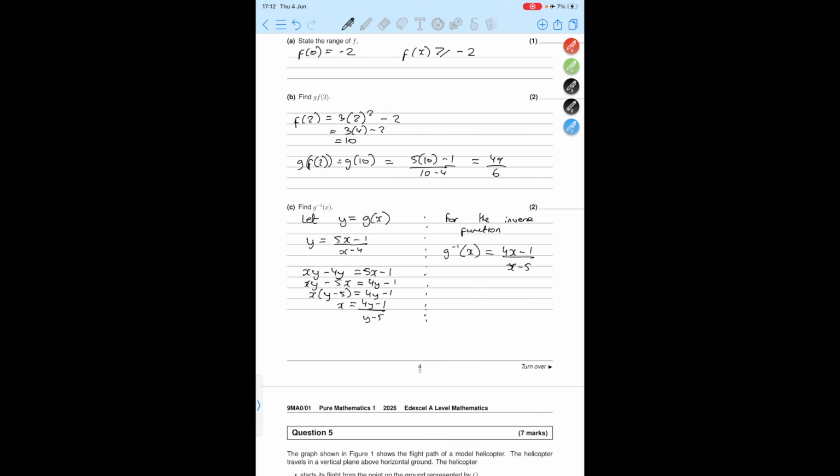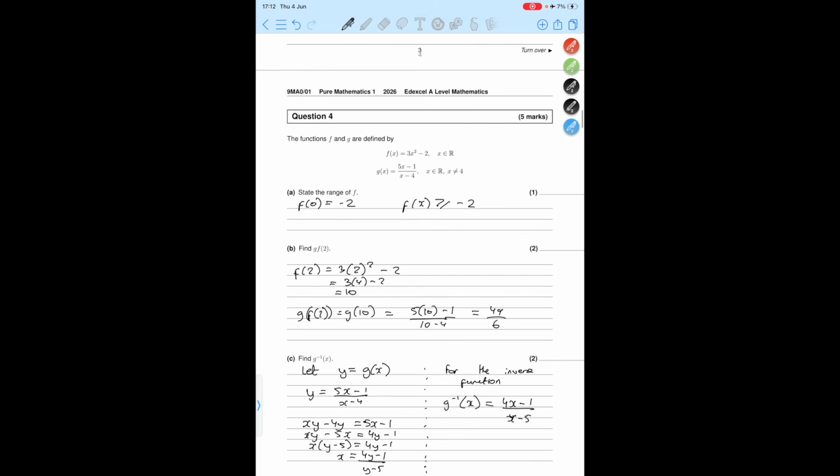Another method some people use is to define y as g inverse of x, start off by working like this, and then solve for y. Either method works, as long as you show that.